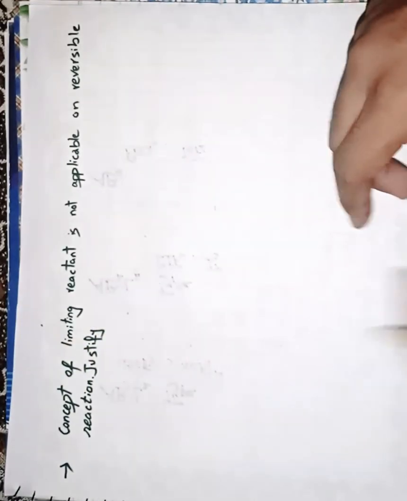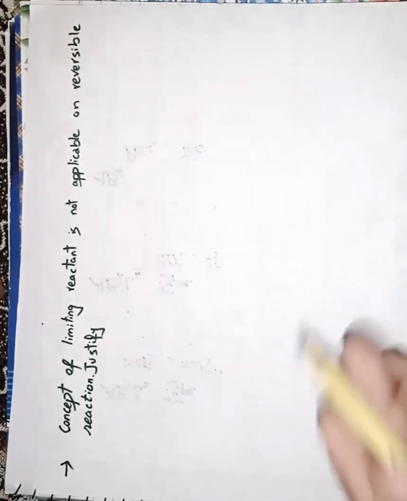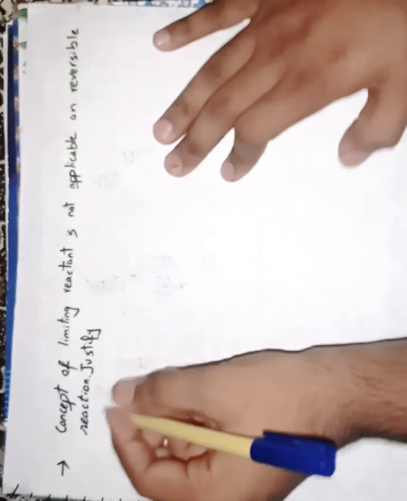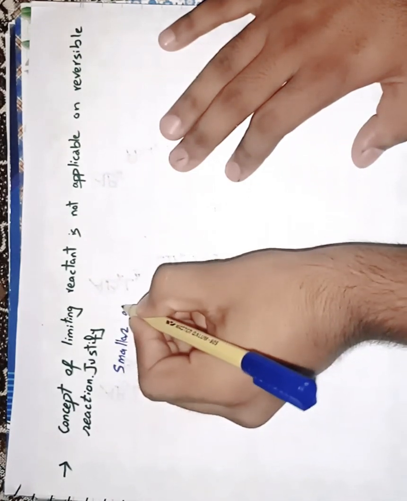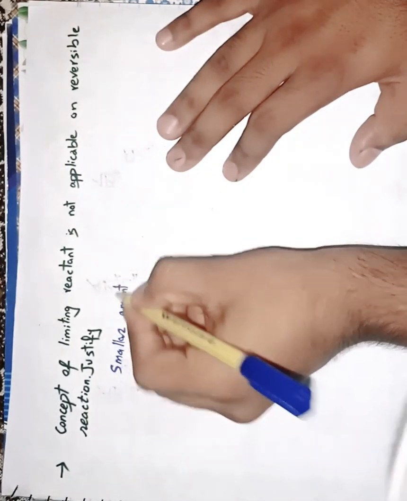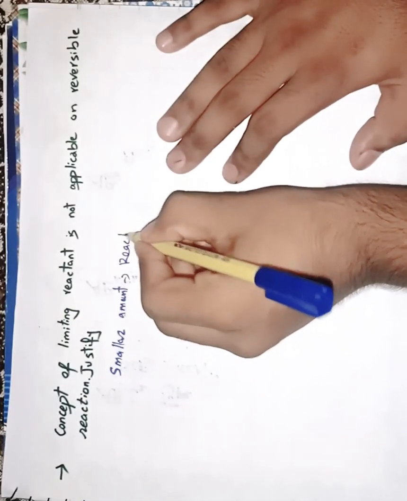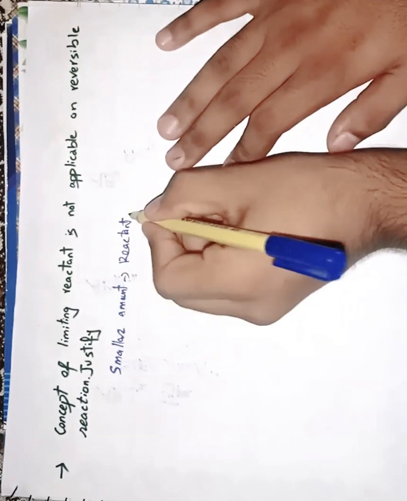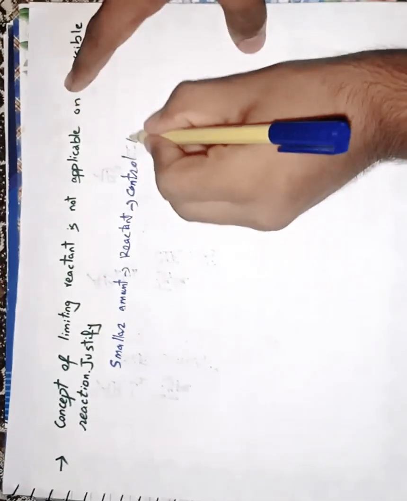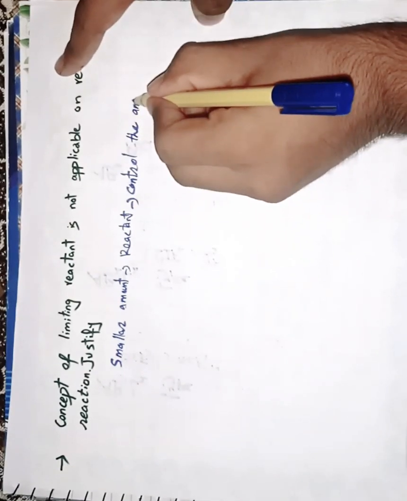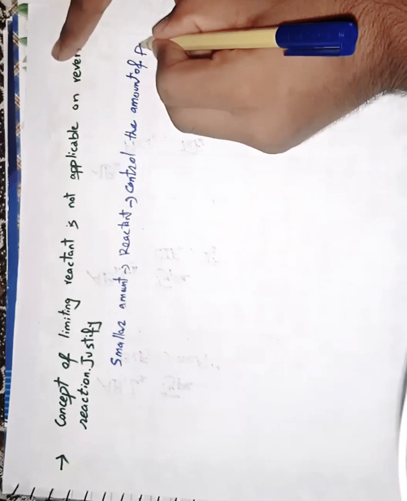As we know, a limiting reactant is a reactant which is consumed earlier due to its smaller amount of reactant, which controls the amount of product.